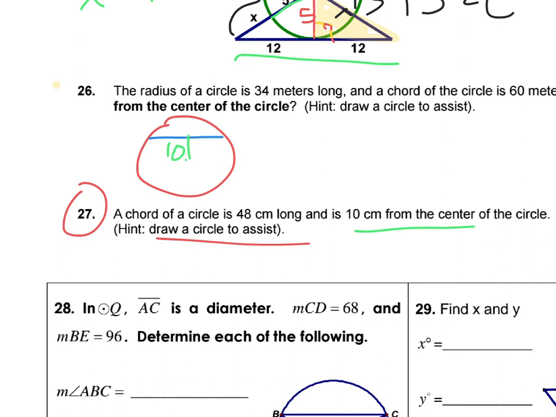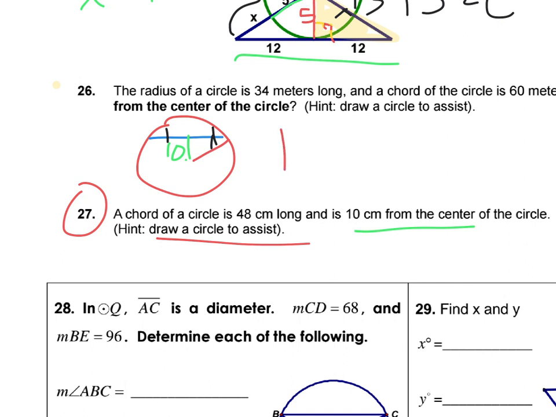Since that segment is part of the radius, you need to know that the chord is getting bisected. And so now you can create a right triangle there. I know that's not very accurate in my drawing, but you can create a right triangle.